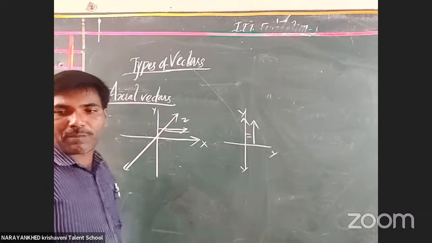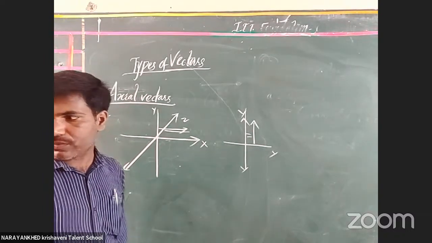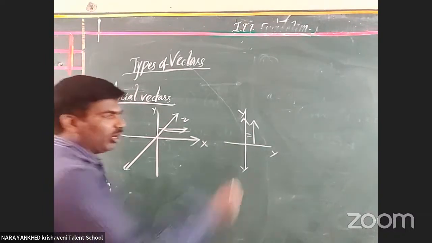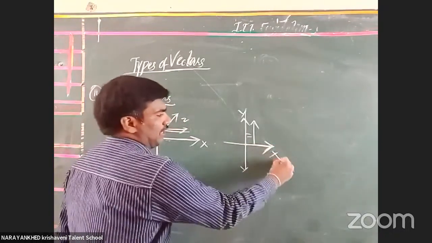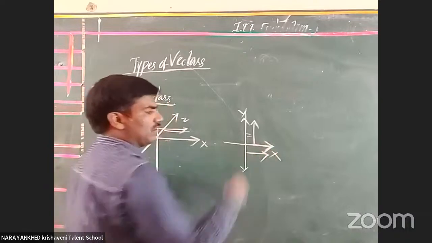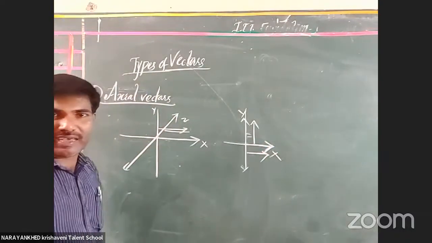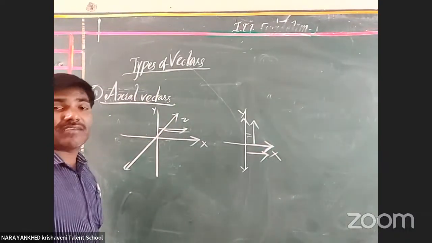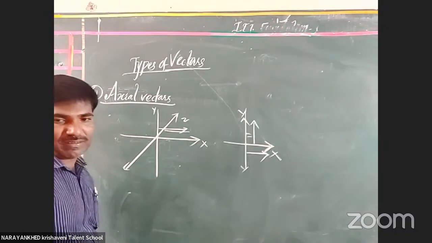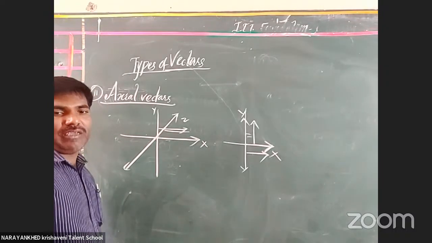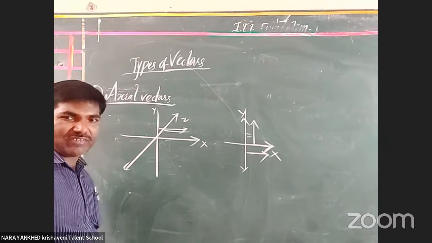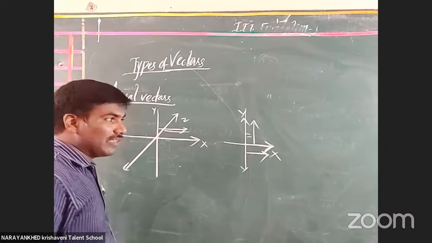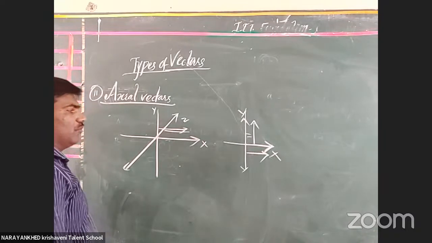It is a parallel vector, not along the axis but parallel to it. Suppose it is parallel to the x-axis, then it is called an axial vector of the x-axis. Parallel to any coordinate axis, like x-axis, y-axis or z-axis, is called an axial vector. Understood all of you?